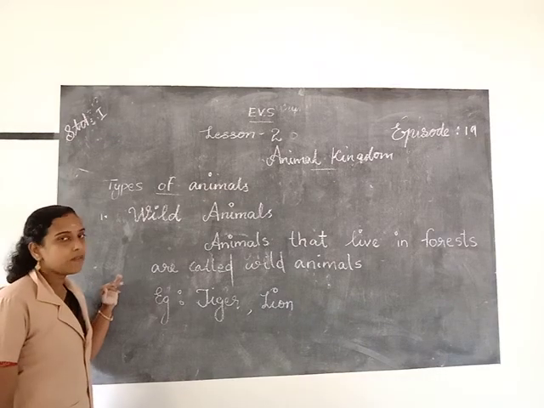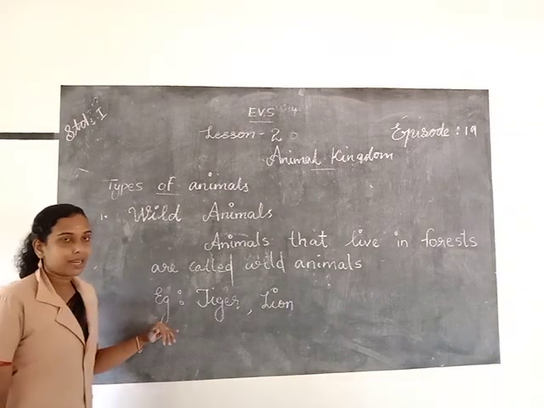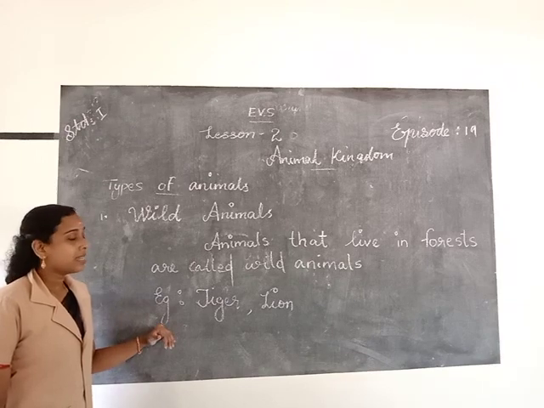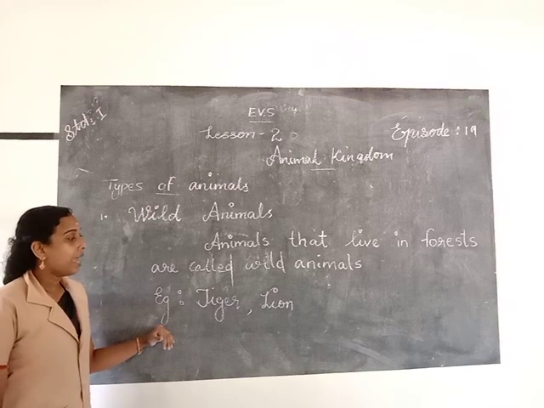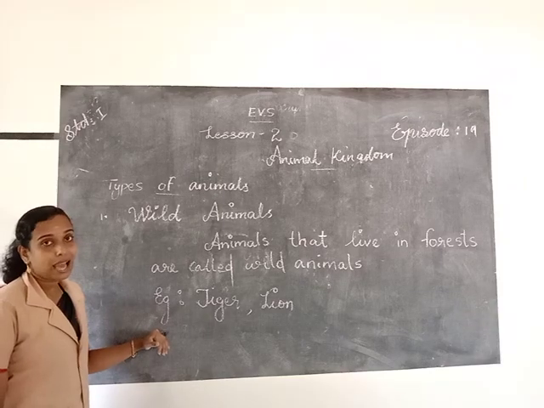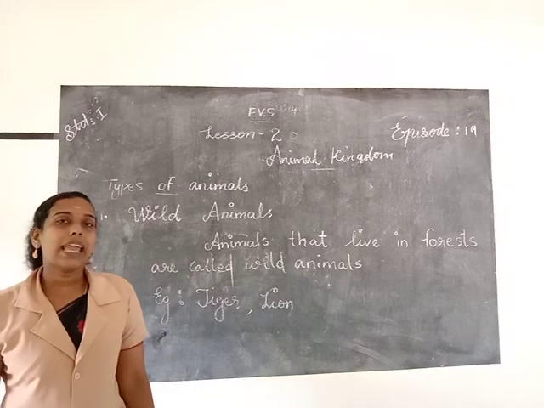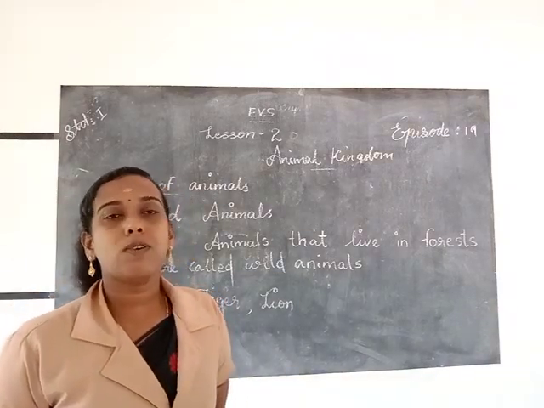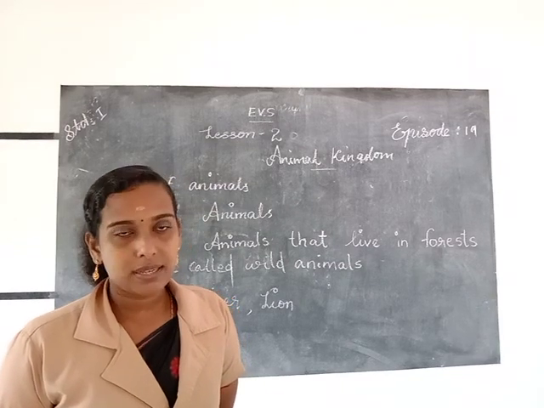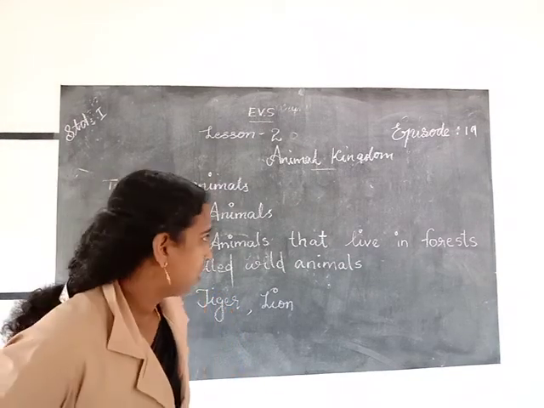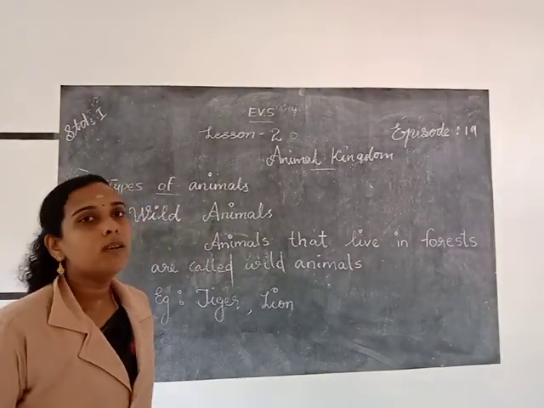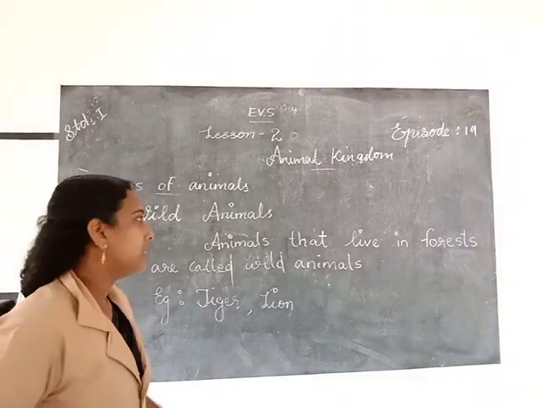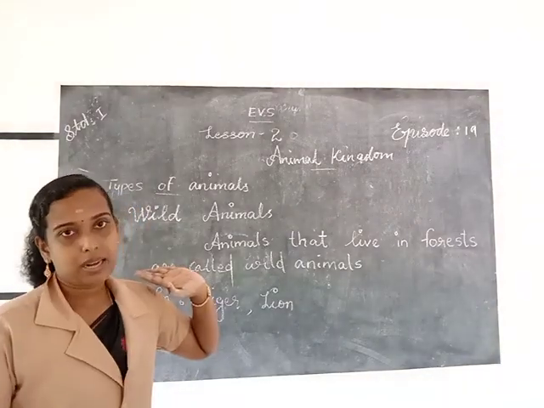The examples for wild animals are tiger, lion, because they live in the forest. Do you understand? So wild animals means animals that live in forest. And this is the first type of animal.